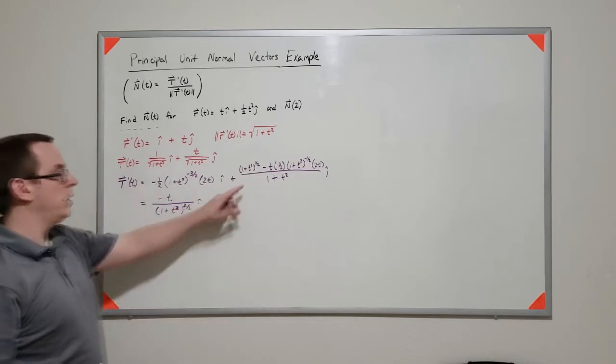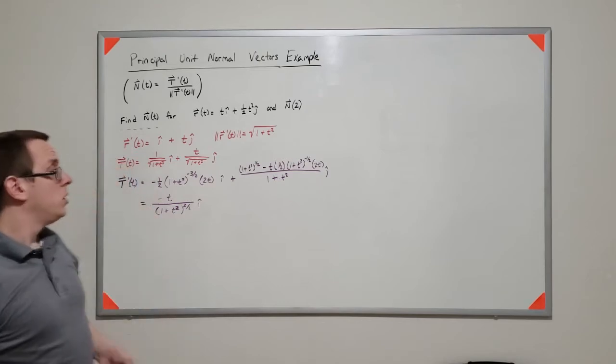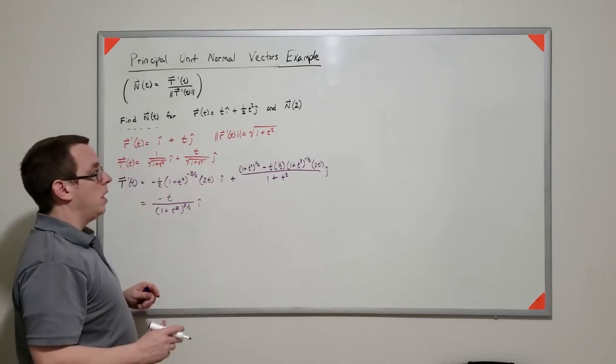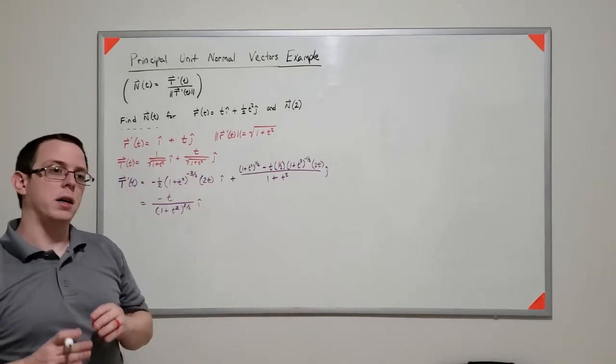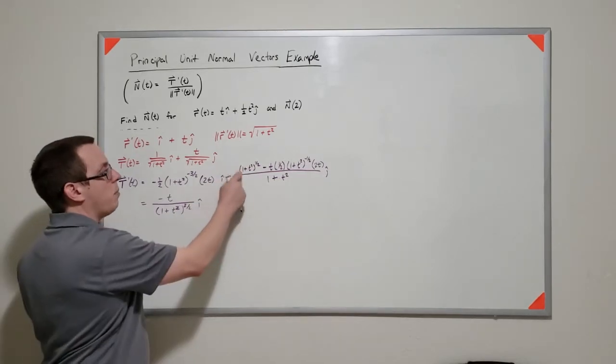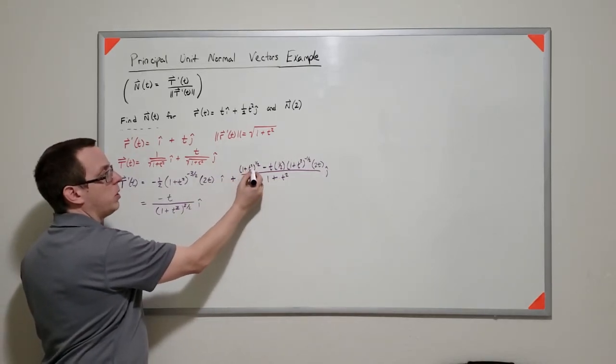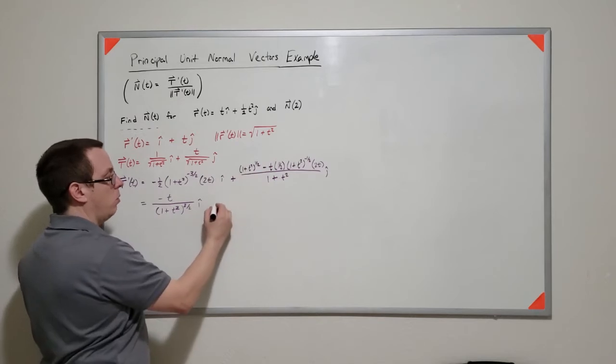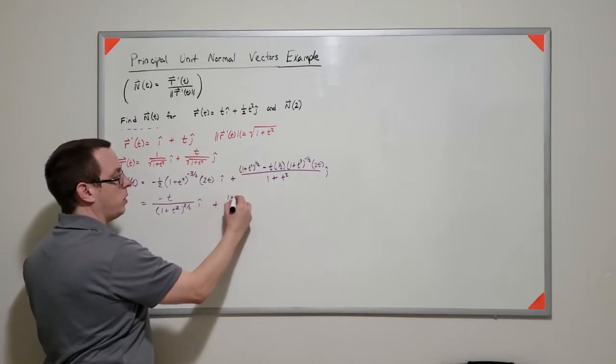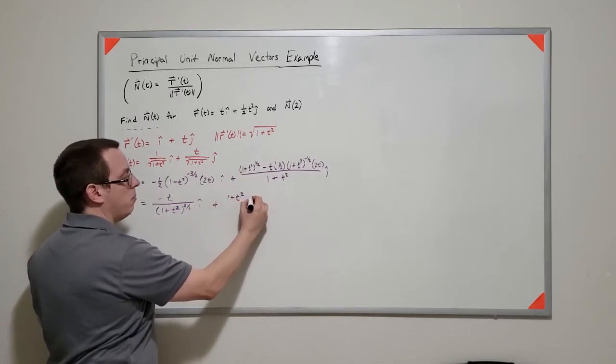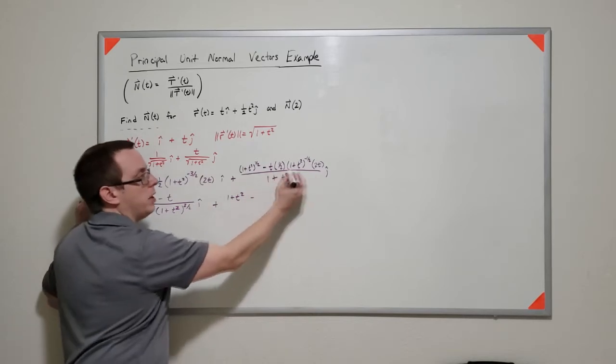That wasn't so bad. Now let's take a look at this. If I multiply top and bottom by (1 plus t squared) to the 1/2, what I get is 1 plus t squared minus, then I have to calculate this out.